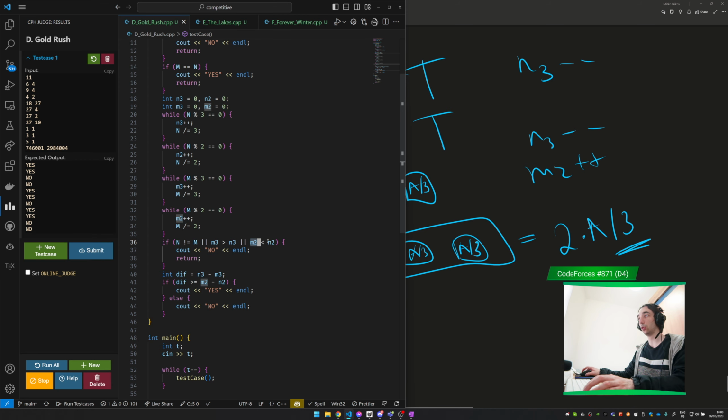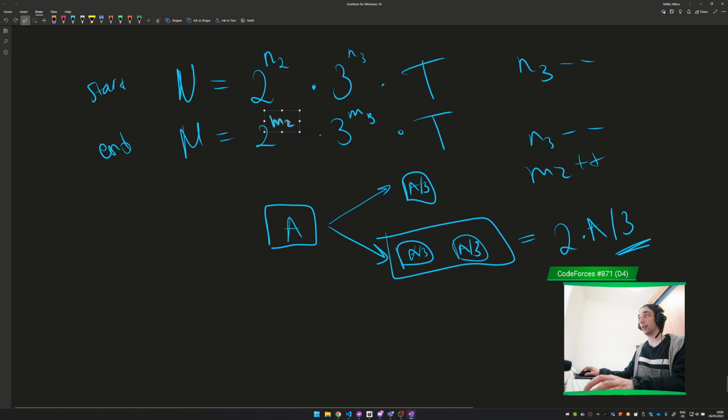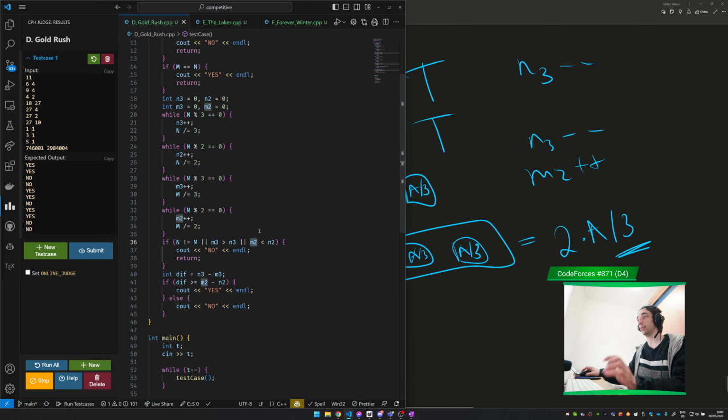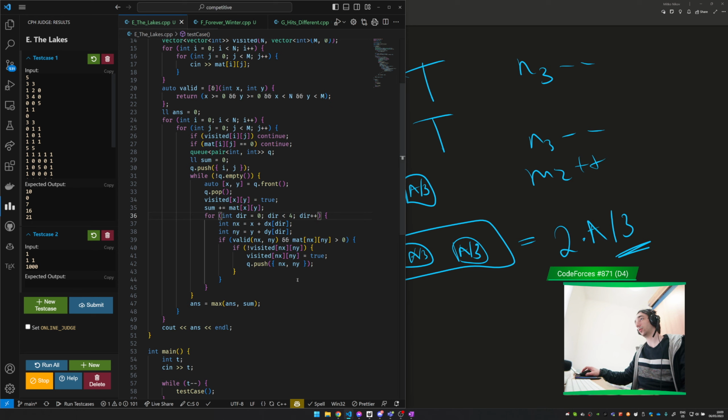And m2 can never be smaller than n2, because 2 can only be increased in this case. That's why it's no. And then the difference between these two values has to be equal to the difference between the other two values, and that's when it's yes. Otherwise, no. So that's pretty much it. Took me a bit.